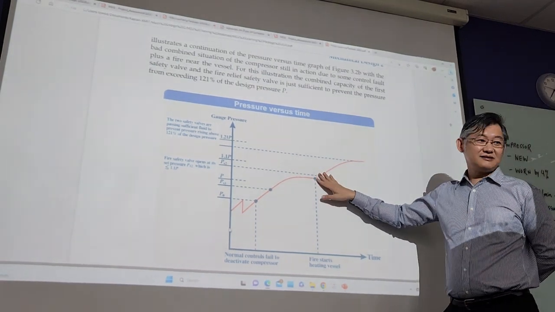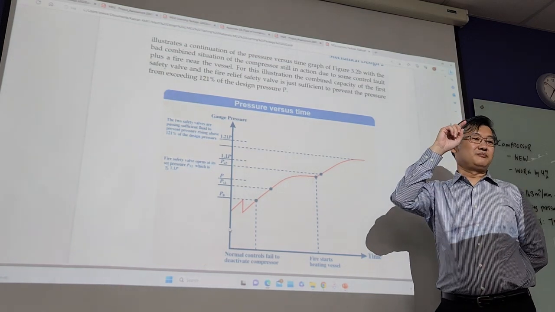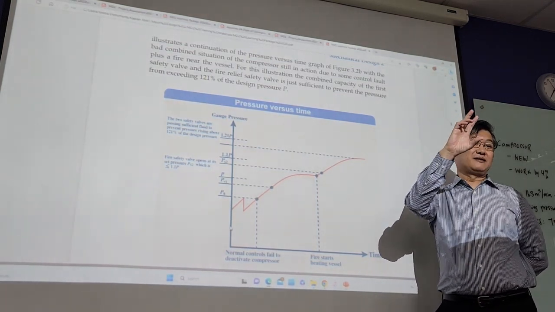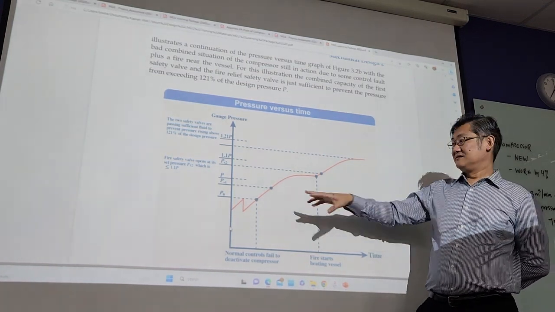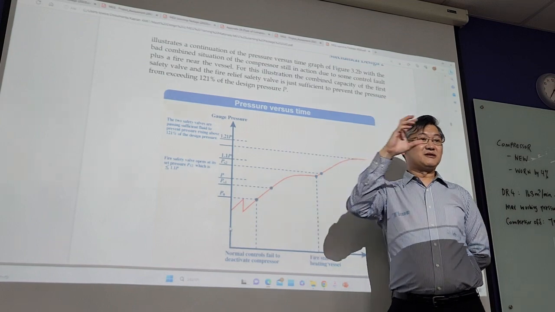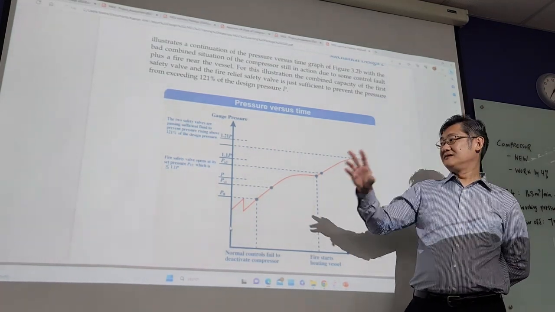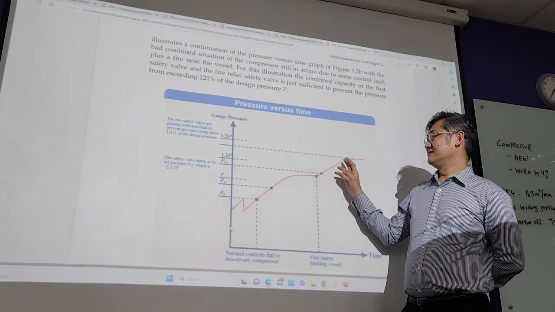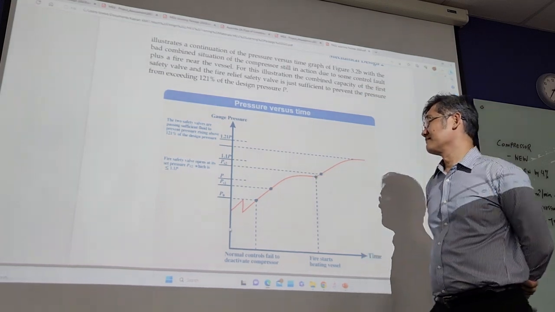If there's a fire, according to this guideline, at 948 kilopascal your safety valve must open to release pressure because of fire. 862 is because of compressor failure, which keeps pumping air, and we want to release. But when it comes to fire, 948 is where it is supposed to release air, for safety reasons.